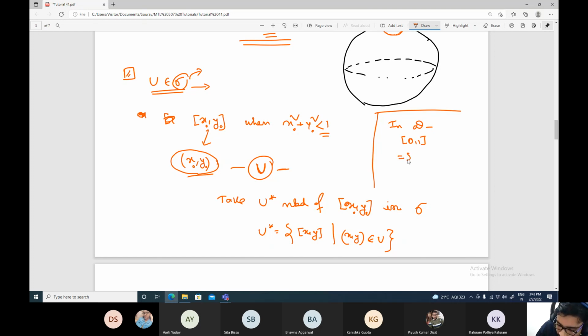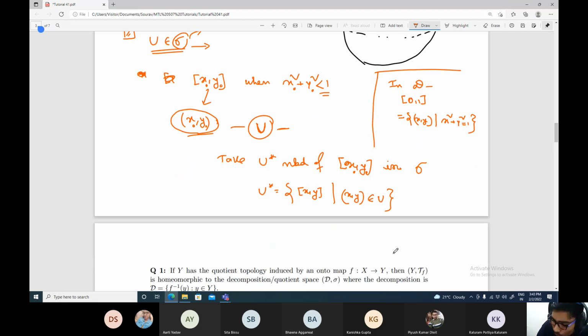This class, and all the collection (x, y) such that x squared plus y squared equals 1, right? Now we want a neighborhood of this point in D.